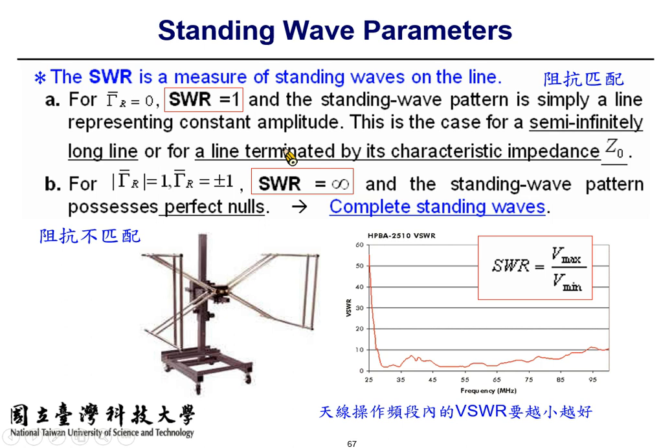Therefore, from the perspective of antenna design, if you want to develop a broadband antenna, which means it can radiate signal with a larger frequency range, then you need to show the customer an SWR plot with a large range of small SWR.